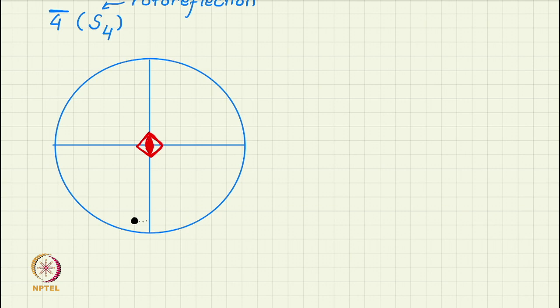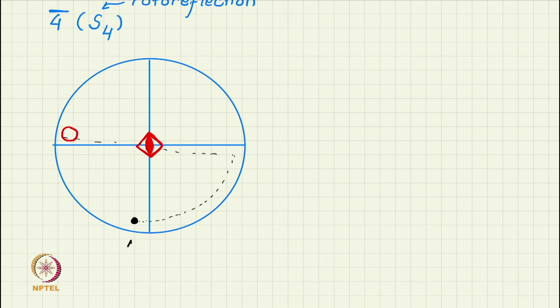So, now you rotate by 90 degree counterclockwise and invert. So, you come there with changed handedness. So, you get that point.